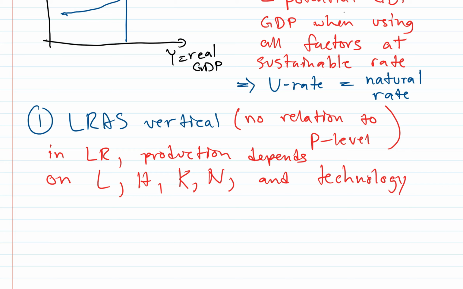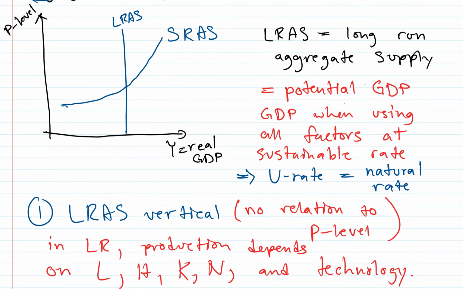These are not depending on the price level. Just the price level going up and down doesn't change the amount of workers you have, the knowledge they have, the machines, the natural resources, nor the technology available. Therefore, these long-run factors are independent of the price level, so this is going to be vertical, meaning it has no relation to the price level.